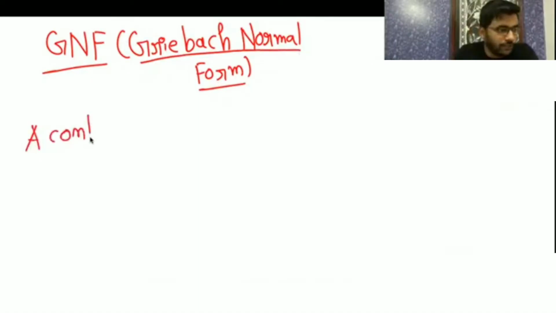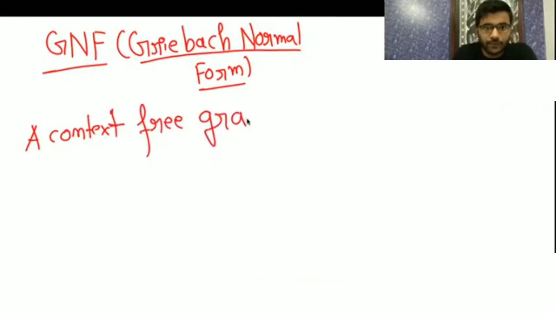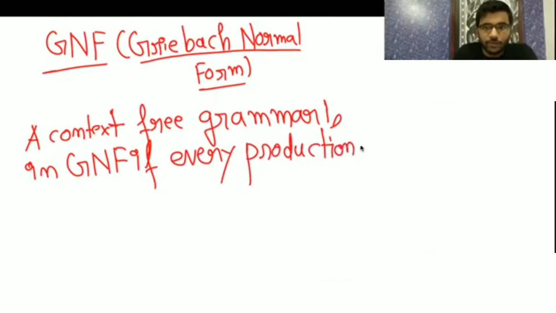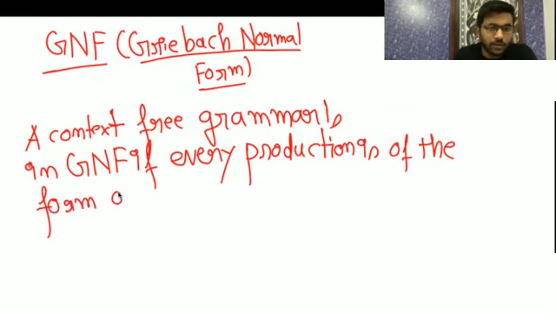A context-free grammar is in GNF if every production is of the form non-terminal derives terminal non-terminal star.